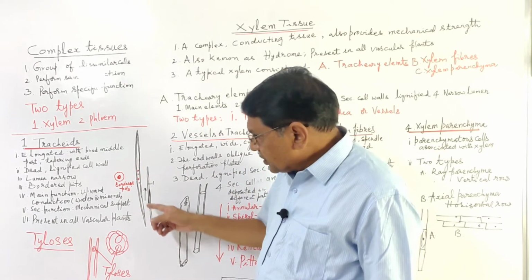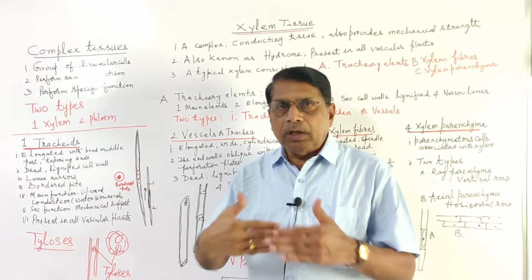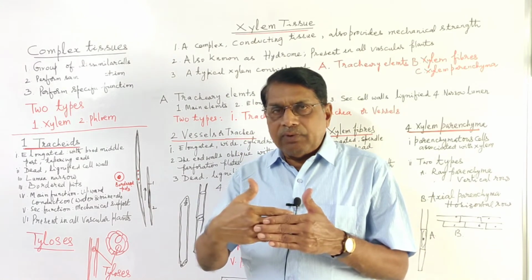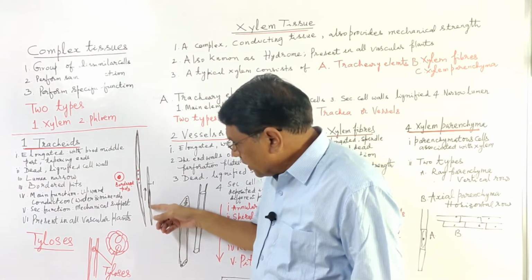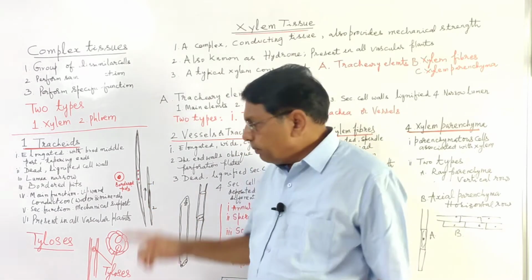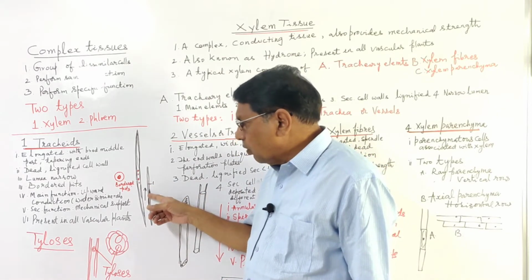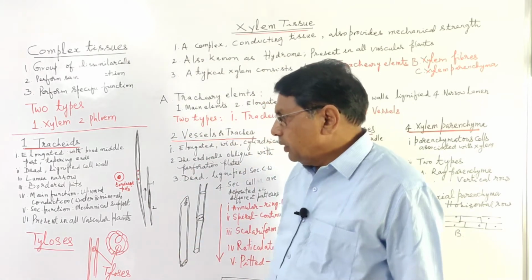The tracheids are arranged one above the other, not exactly one above the other, but overlapping. This is one tracheid. This is another tracheid. The upper part of this tracheid overlaps with the lower part of another tracheid.